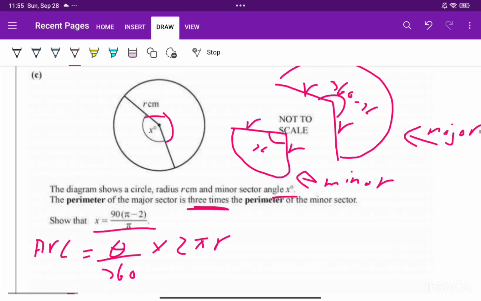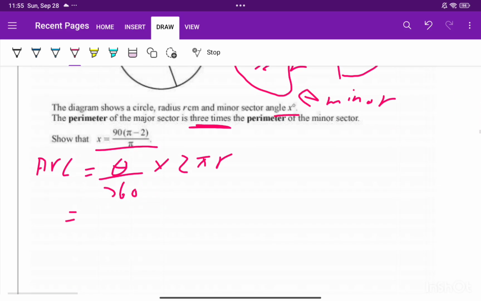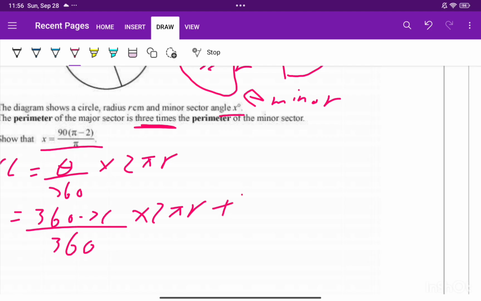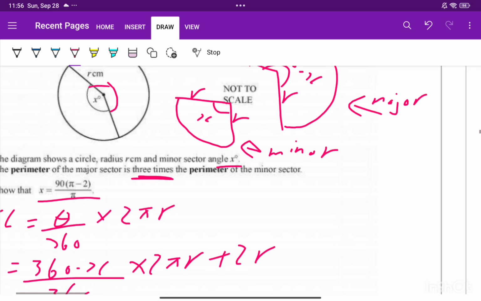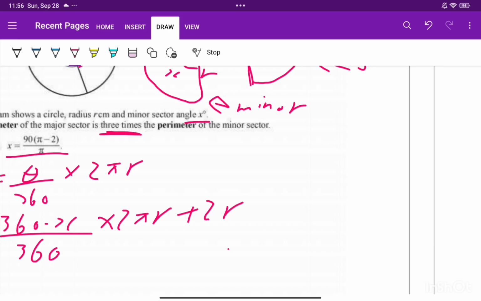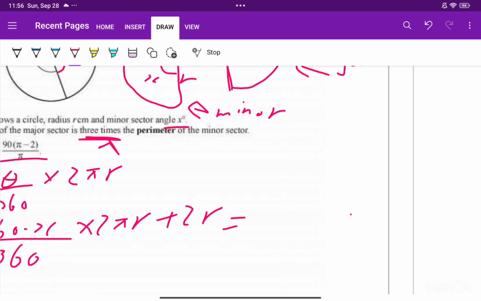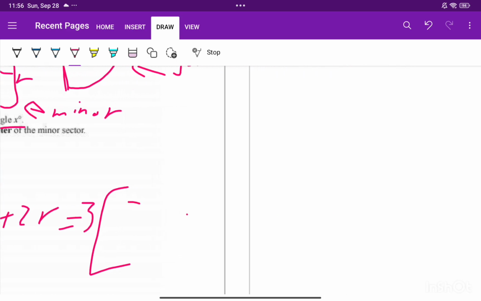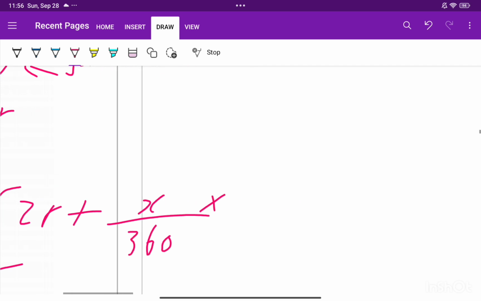For the major sector, the angle is 360 minus x, so 360 minus x divided by 360 multiplied by 2 pi r, plus 2r. Why did we add 2r? Because we are finding the perimeter and there are 2 radii. This will be equal to 3 times the perimeter of the minor sector. The perimeter of the minor sector will be 2r plus x upon 360 multiplied by 2 pi r.